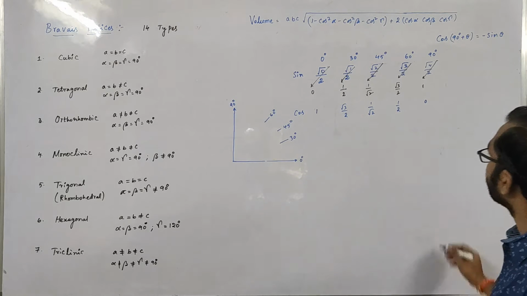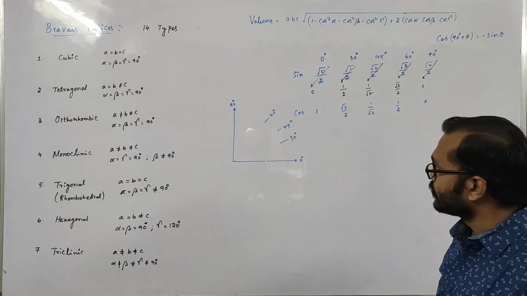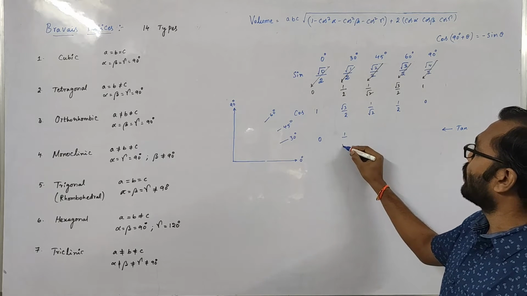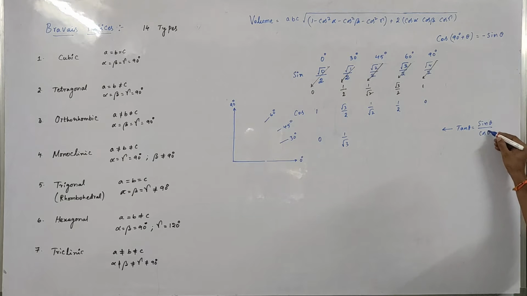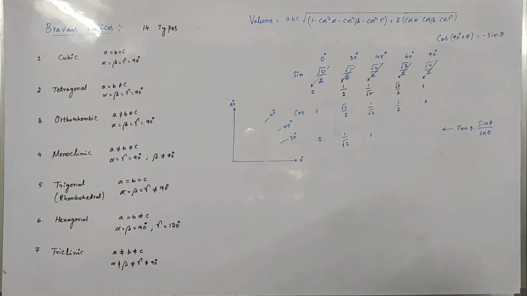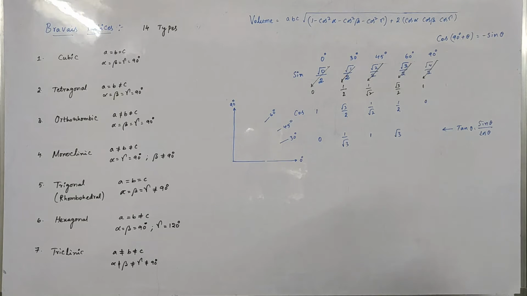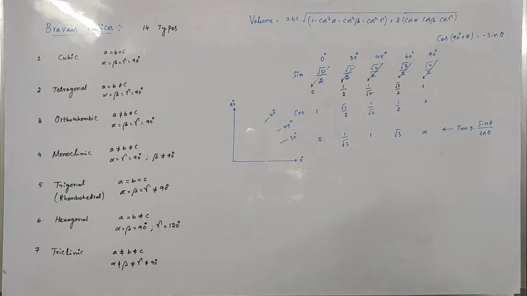What about tan? Tan is sin by cos. Tan 0 is 0, tan 30 is 1 by root 3, tan 45 is 1, tan 60 is root 3, and tan 90 is undefined, infinite.